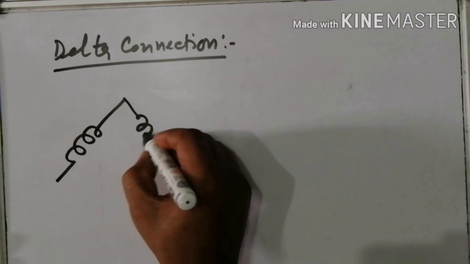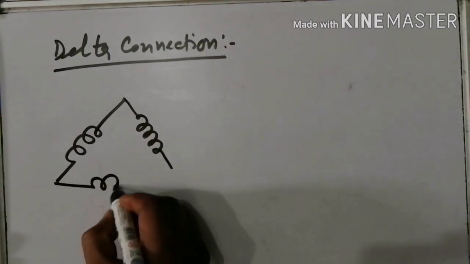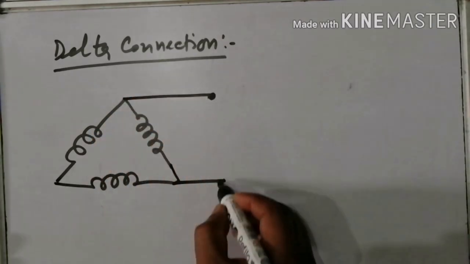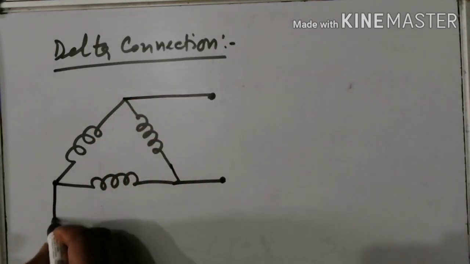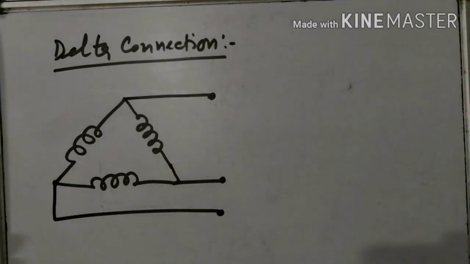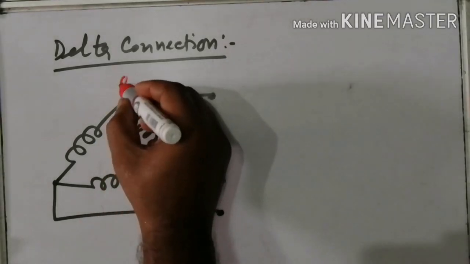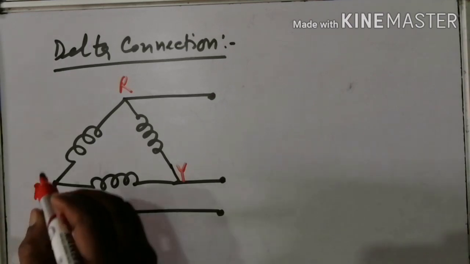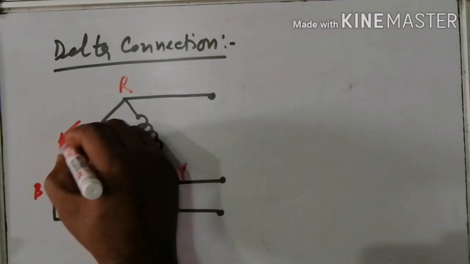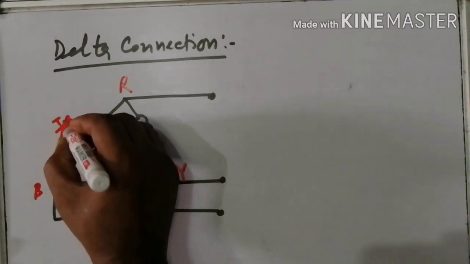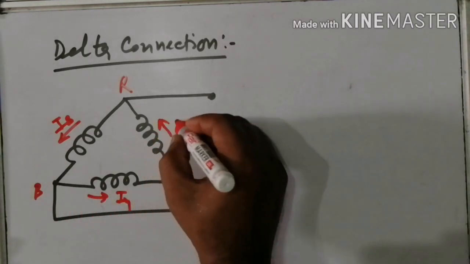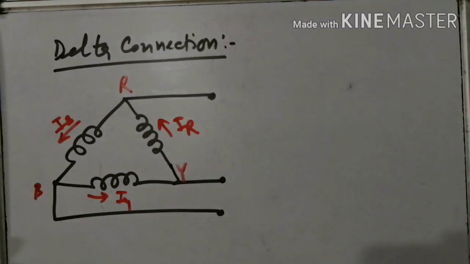This one is a generator winding connected in the form of delta. It is R, Y, B. Current in this branch, it is IB, it is IY, and in this branch it is IR.